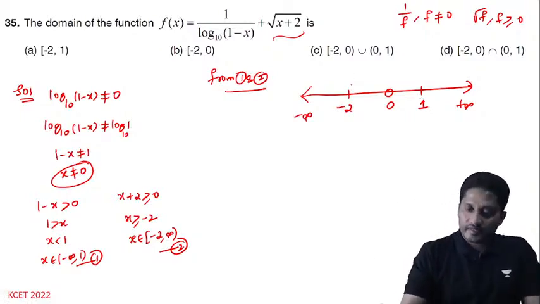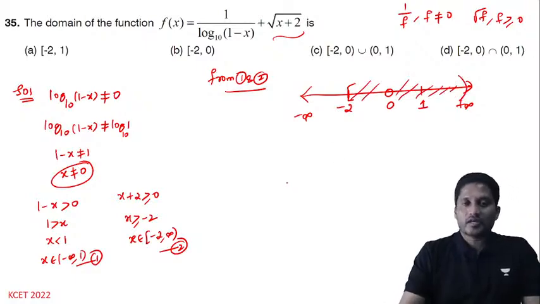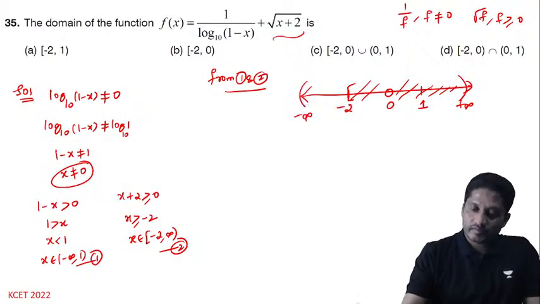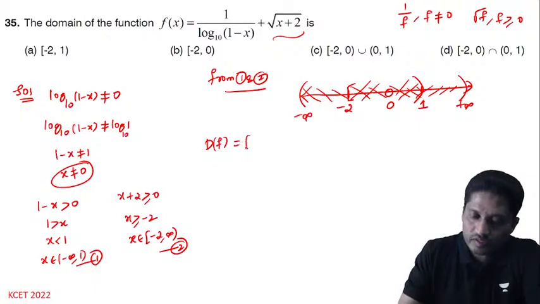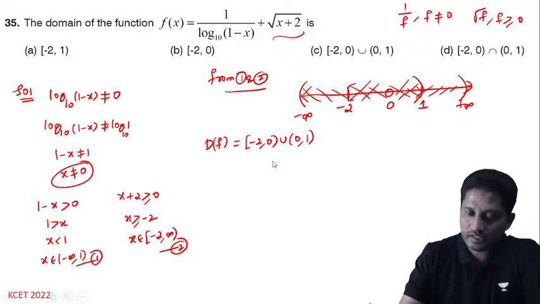Minus 2 to infinity, closed interval minus 2 to open interval infinity, this part, right? And then minus infinity to open interval 1 is this part. Now you will get the domain of f is equal to closed interval minus 2 open interval 0 union with open interval 0 open interval 1. Answer is option C.